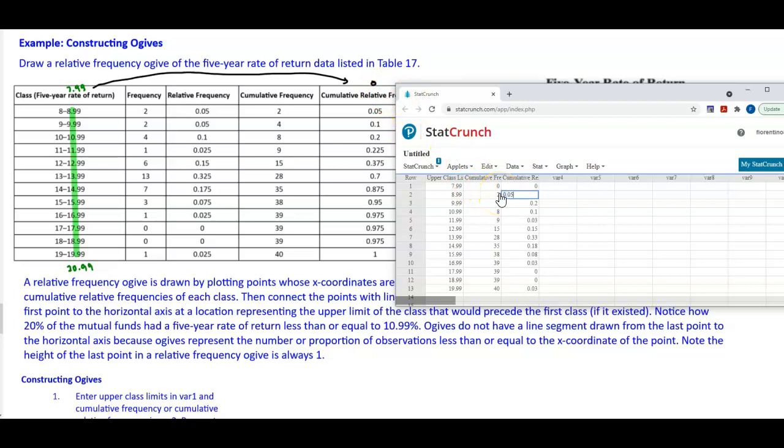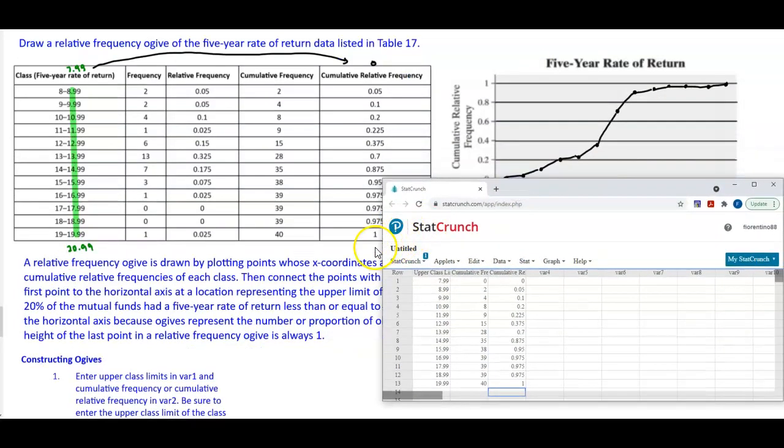And then 0.05, 0.1, 0.2, 0.225, 0.375, 0.7, 0.875, 0.95, 0.975, 0.975, 0.975, and then 1.